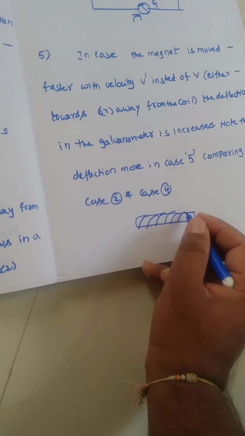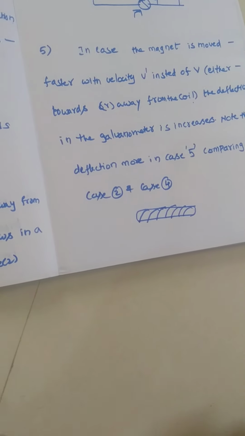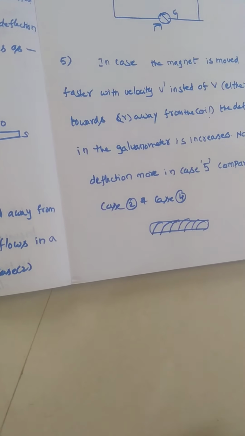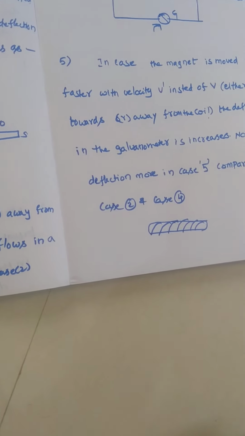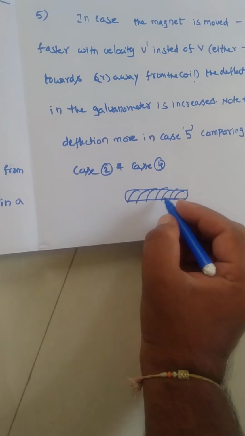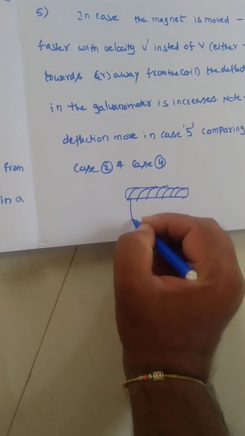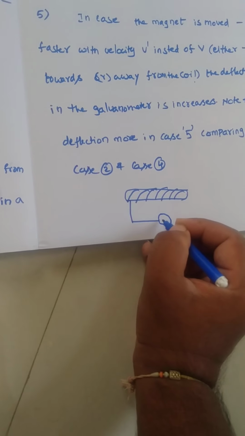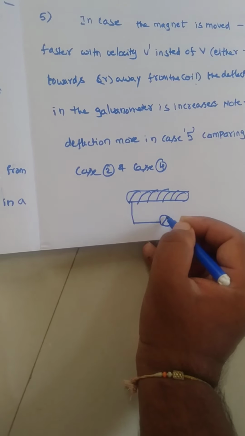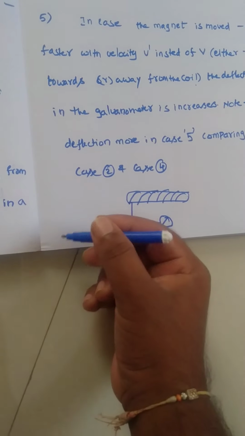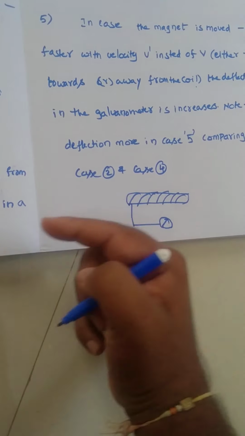How can we detect that the deflection is more? If there is an experiment, we can identify it by showing the readings. But here, theoretically, we can write it like this. When it is moved towards the coil, it takes deflection towards the right, and when it is moved away from the coil, it takes deflection to the left.